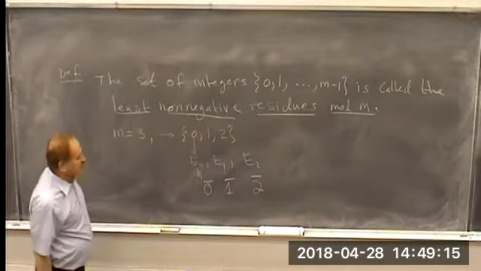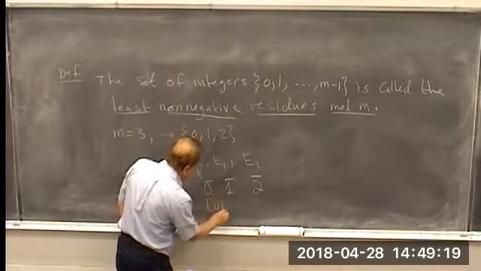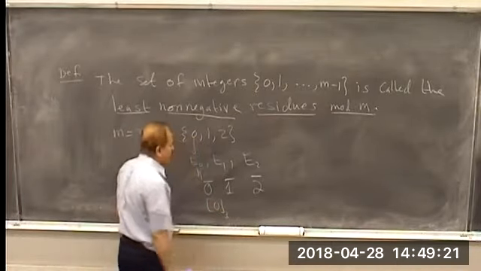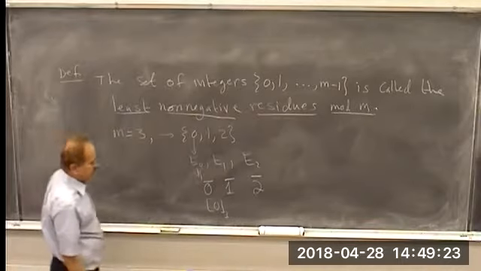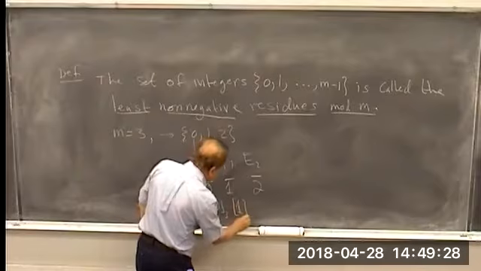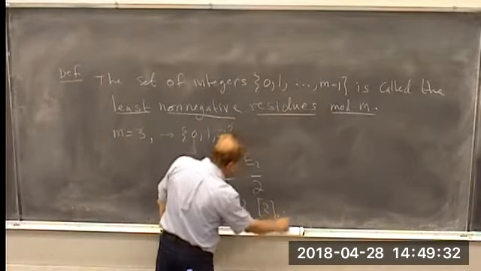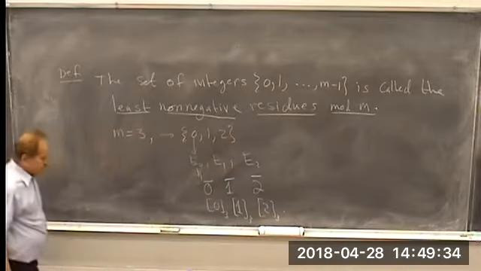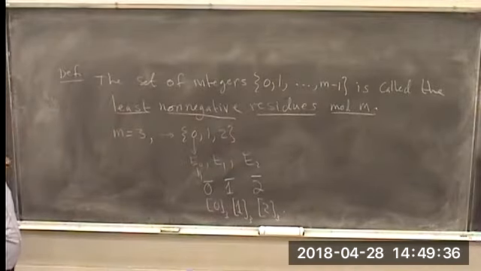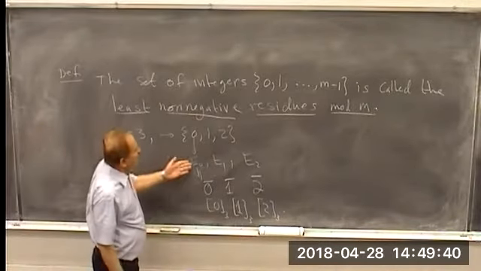Some other authors use brackets around this with a sub 3, and they denote this by 1 sub 3, and this is 2 sub 3. There are other ways we could represent the equivalence classes.